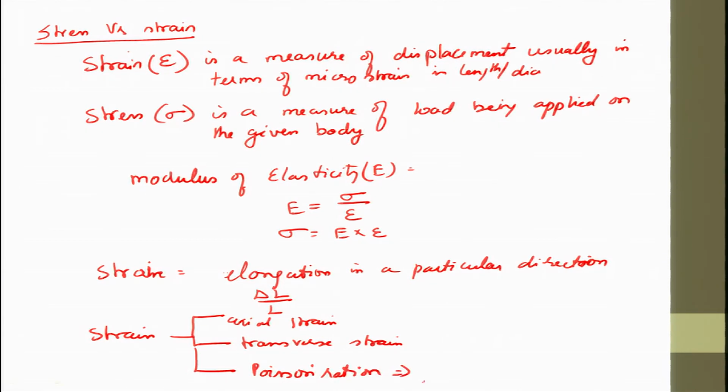Poisson's ratio is generally referred as mu equal to sigma T by sigma A. Transverse is nothing but you call it as T, which is equal to change in diameter by original diameter. In axial, it is going to be sigma A, axial. That is nothing but delta L by L.